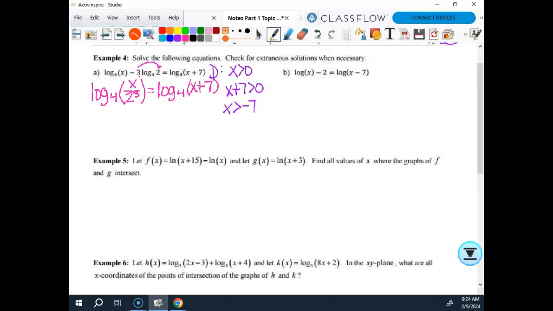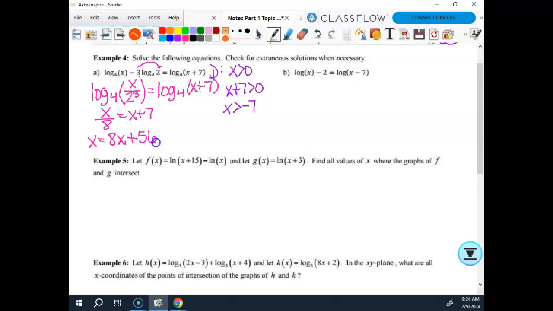Everybody okay with that? So now I have one log on each side, and I can take those things out. When I do, I'm going to go ahead and cube 2. What's 2 cubed? 8. So x over 8 equals x plus 7. So that means x equals 8x plus, what's 7 times 8? 56.